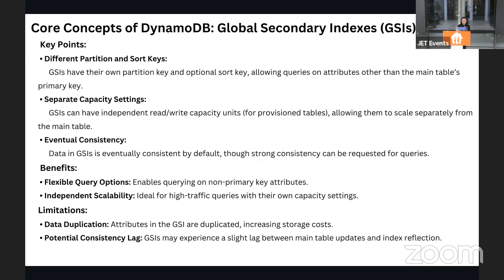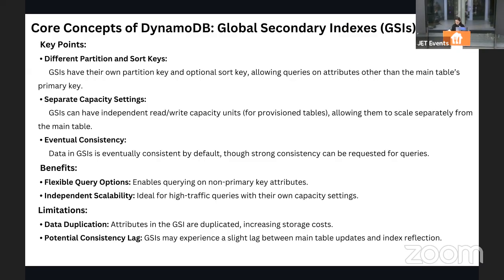Global secondary index is absolutely different. Here you define another partition key and sort key. What does it mean? It means that data will be duplicated across partitions. If you're using DynamoDB across the world, by creating a global secondary index you will duplicate your data across different partitions, because here you define another partition key.